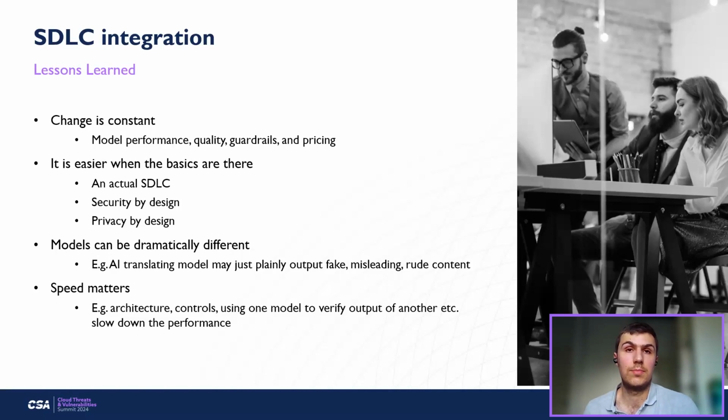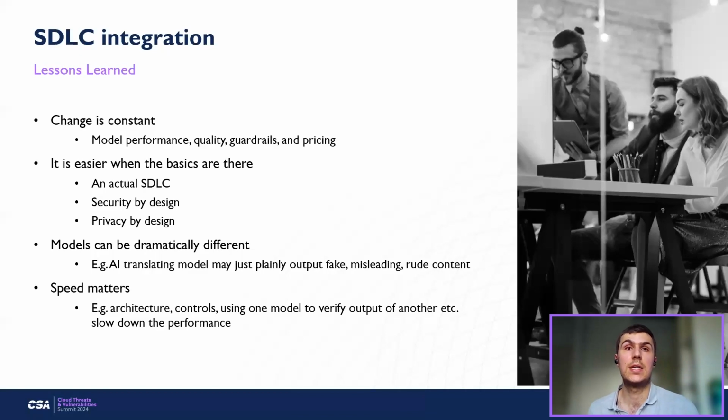So you would probably exchange the model for one with better performance or better quality of output, but it also brings other challenges, it may be performance, it may be also dependencies. So it needs to be really considered as well. Of course, it is easier when the basics are there. Having a formalized and well-adapted software development lifecycle that considers security by design and privacy by design is a great place to start.